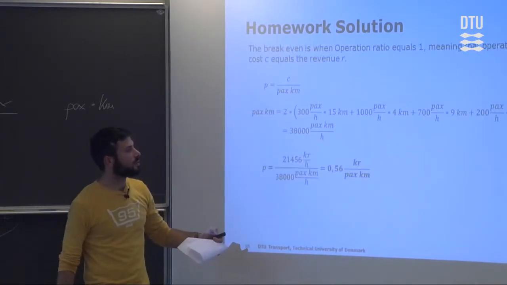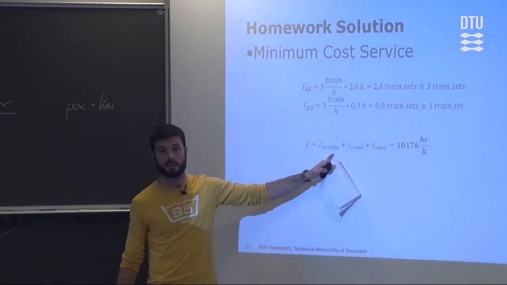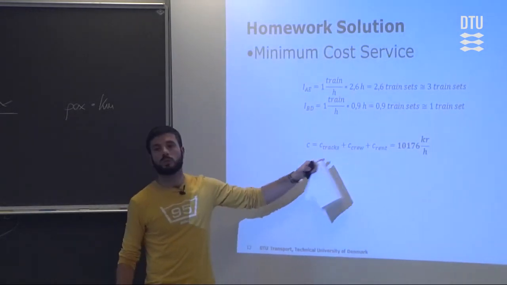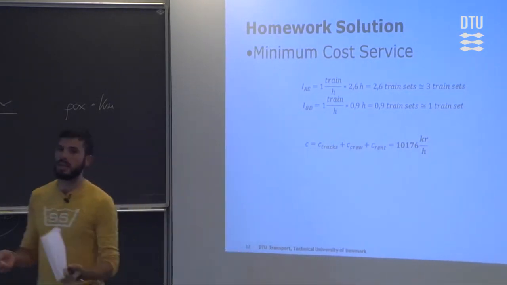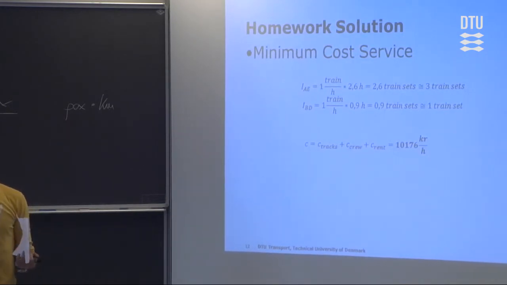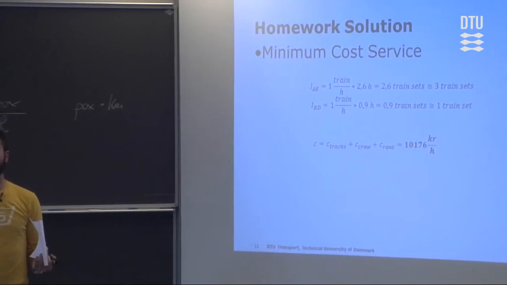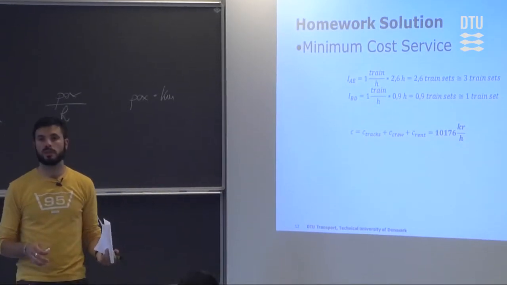So again, the track charge was multiplied by the number of services that we are running. Somebody of you made a strange mistake, or not a mistake, it's just distraction. Somebody took one train running from B to D, that is fine, but didn't count that we are already fulfilling that demand in the calculation of the service A to E.